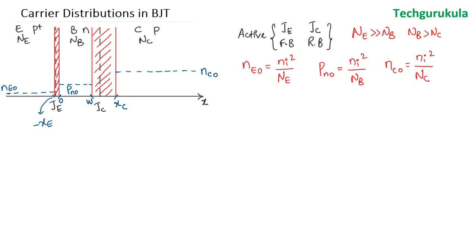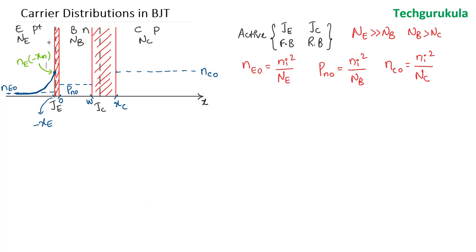Now electrons from the base side would get injected into the emitter side, and as they diffuse through the emitter, the carrier concentration would decrease. And assuming the length of the emitter here is greater than the diffusion length of electrons in emitter, the carrier concentration would change like this.